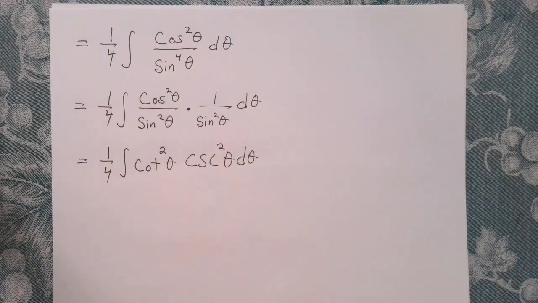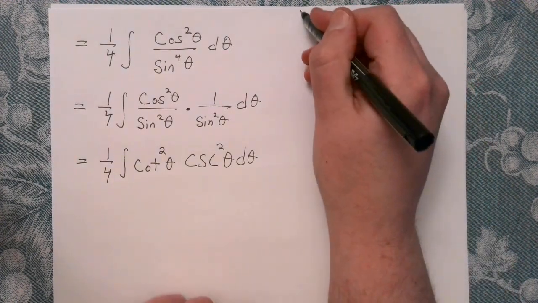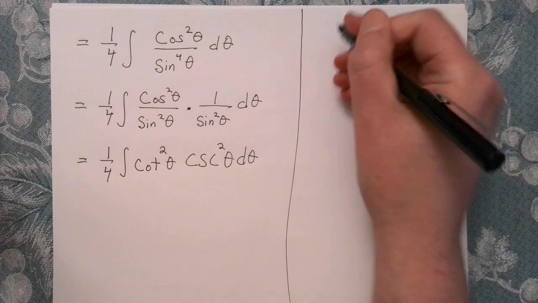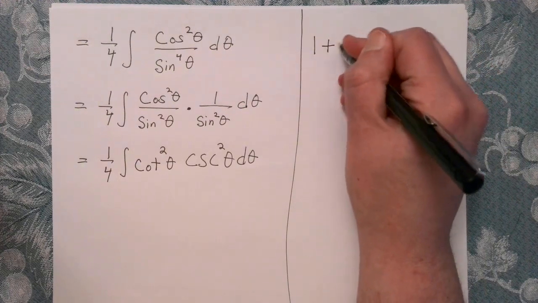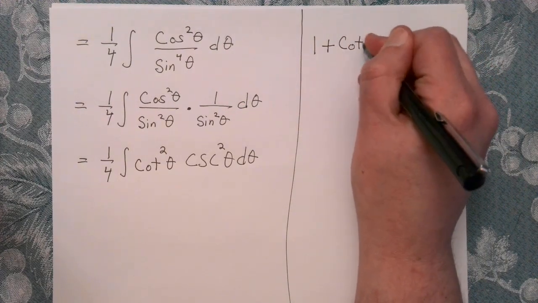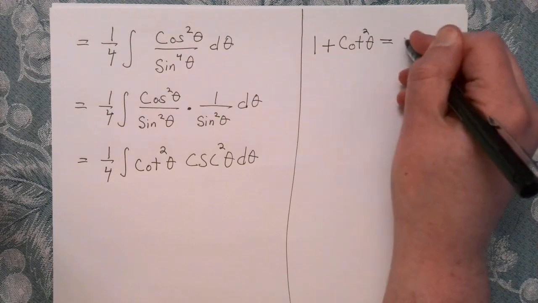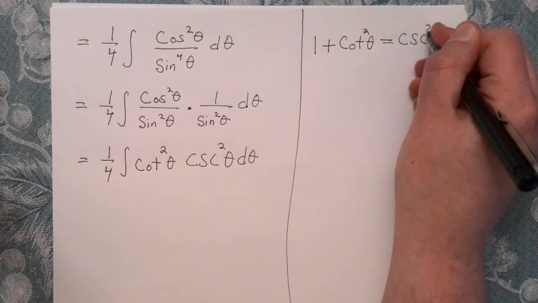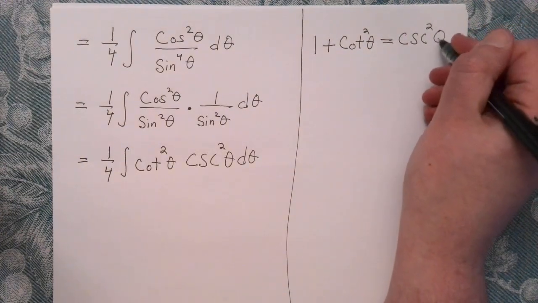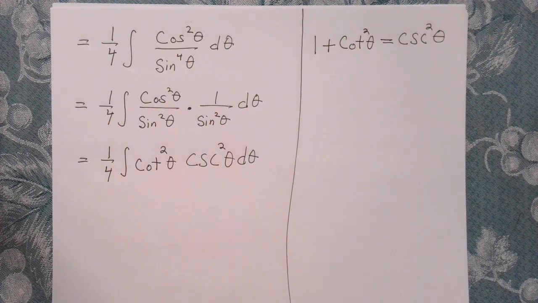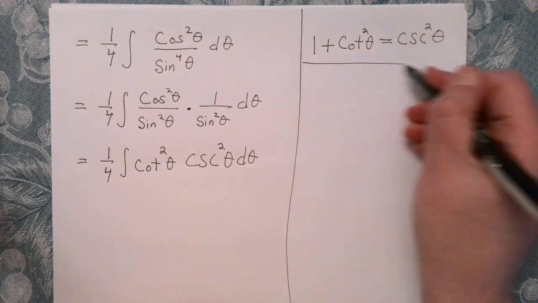So let's write a bunch of information about cotangent and cosecant that might be helpful for solving this. So we know that 1 plus cotangent squared of theta is equal to cosecant squared of theta. That's the last Pythagorean identity. And then let's talk about derivatives.